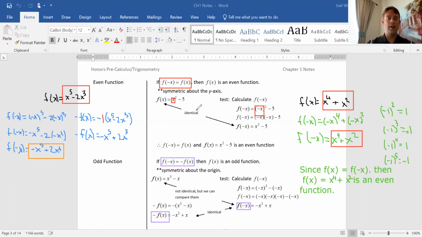So when we look at that, you can notice here that these are the exact same. Since they're the same, since f of negative x is equal to negative f of x, now I'm dealing with an odd function.